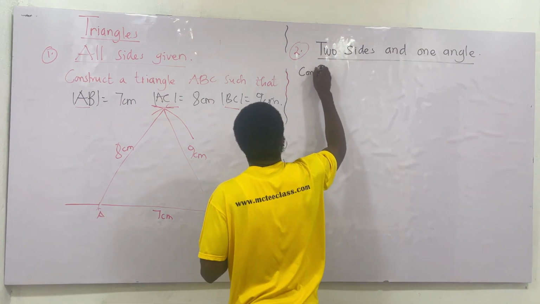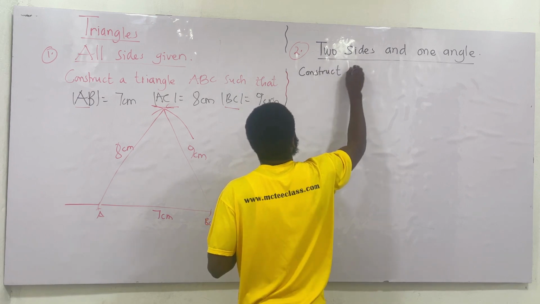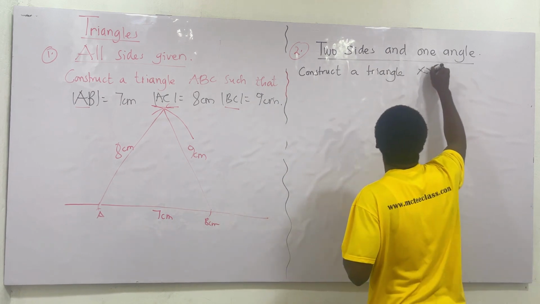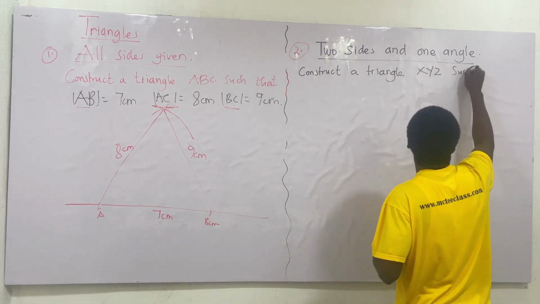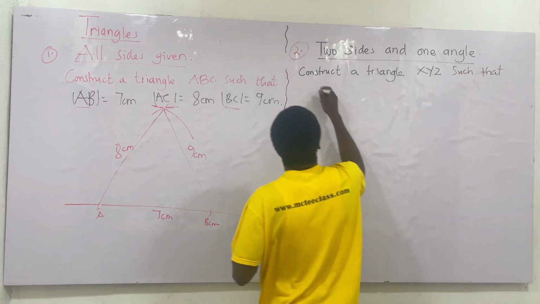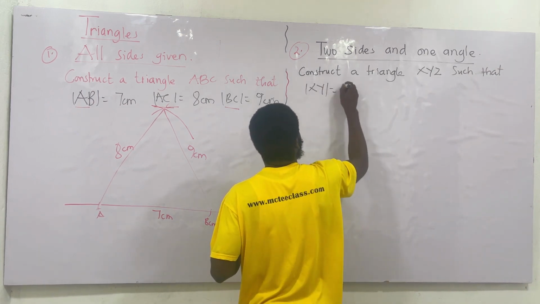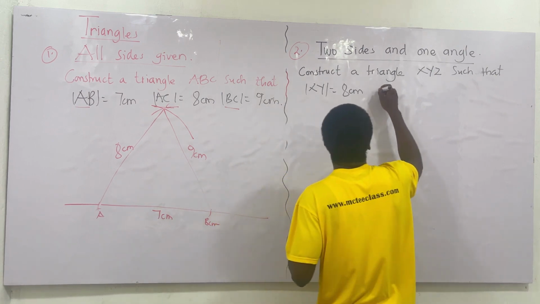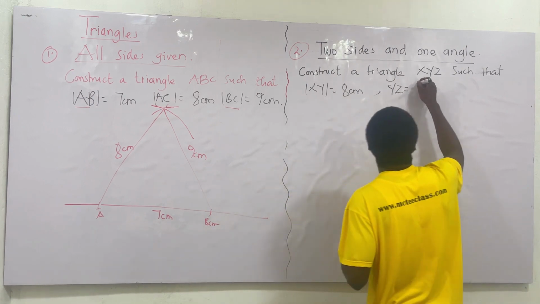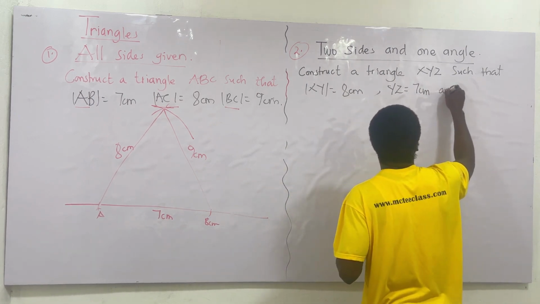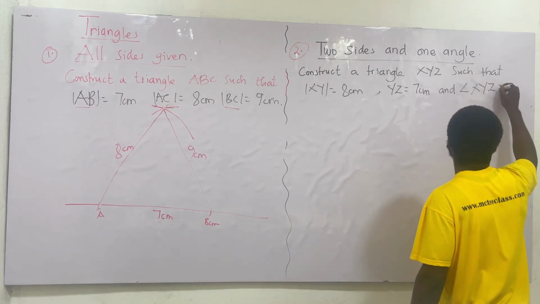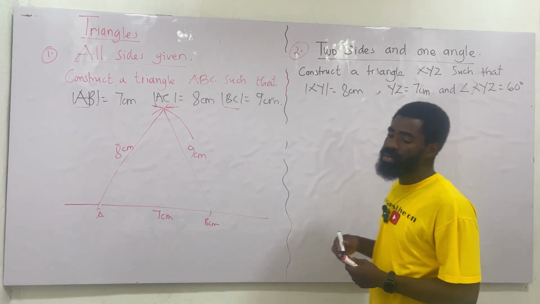So the question will say: construct a triangle XYZ such that the length XY is 8 cm, the length YZ is 7 cm, and angle XYZ is 60 degrees. Let's say I was told to do this.